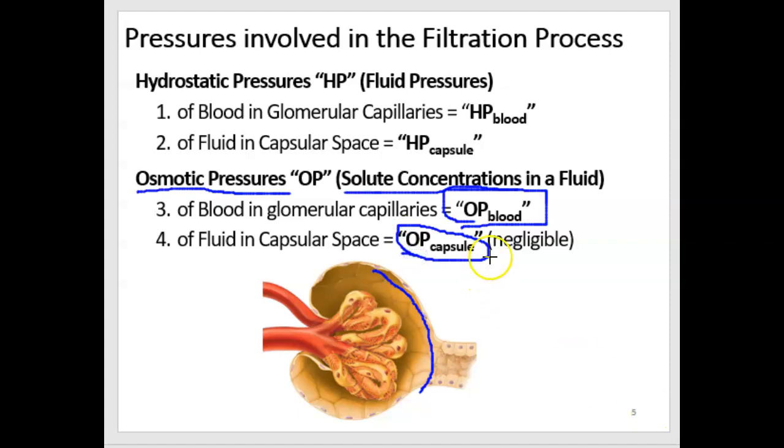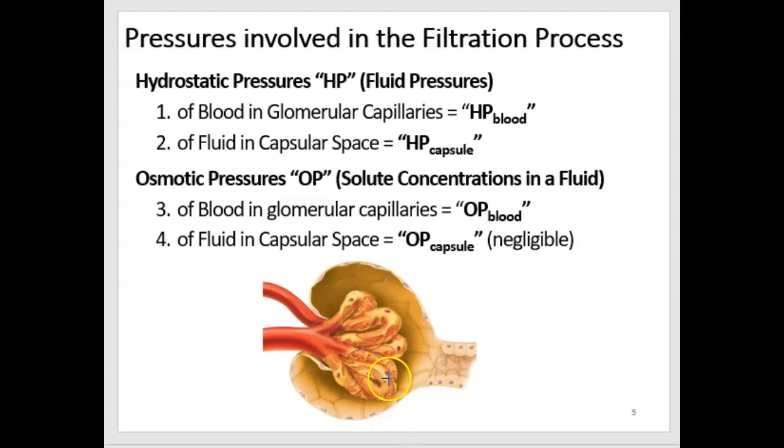Now this is the one that really doesn't play a big role. It's very low. In fact, most textbooks say it's 0, but I don't know if that's true, but it has to do with the fact that proteins and blood cells do not escape into that capsular space.